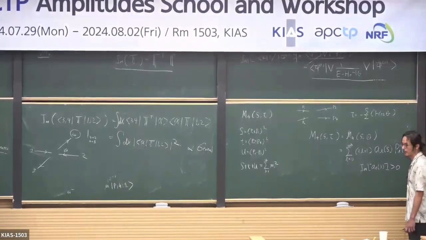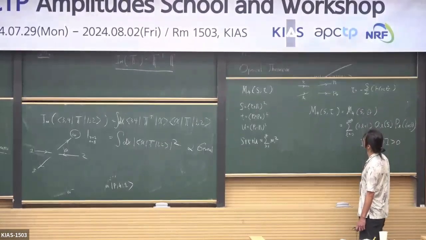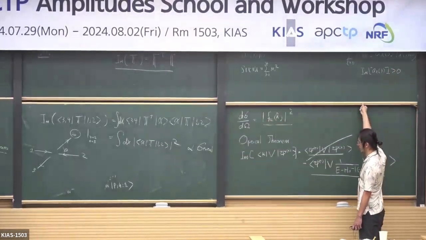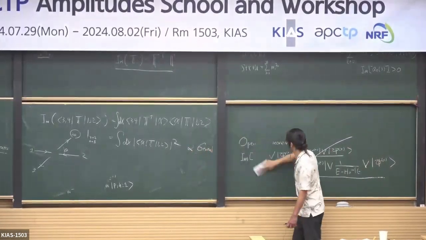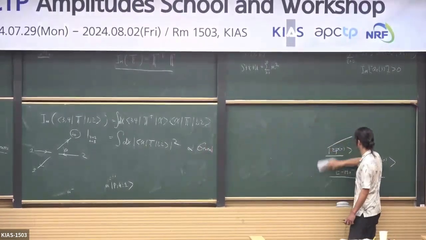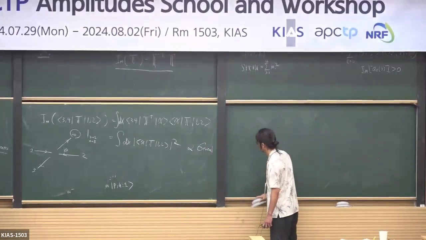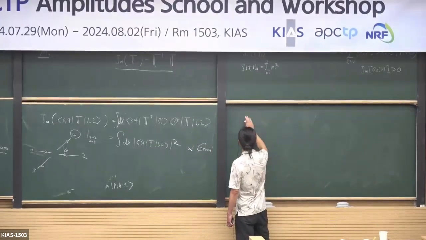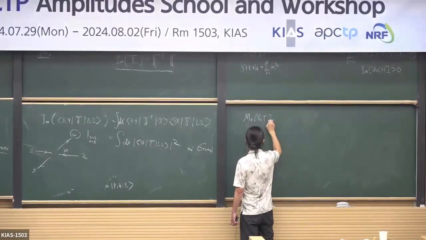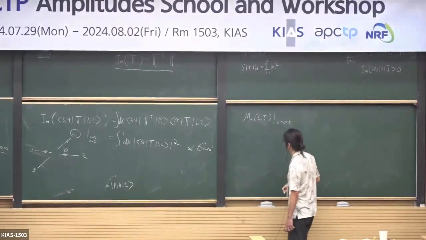Next, we actually have some information about how this function looks asymptotically. Let's consider the limit of M4(s,t) where s goes to infinity and s is much larger than t.